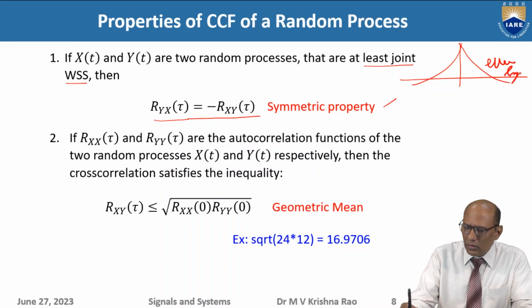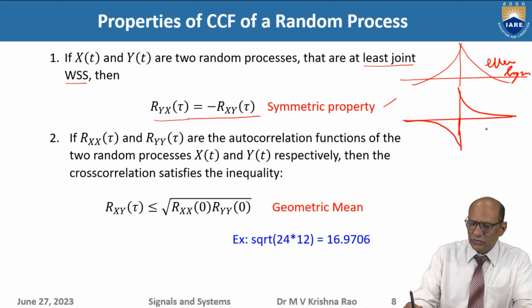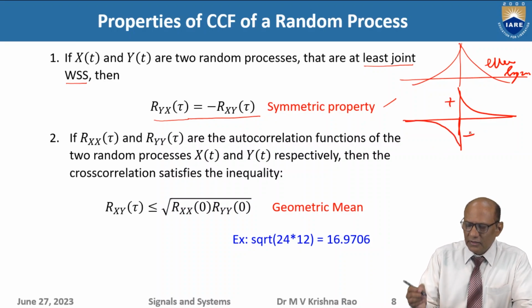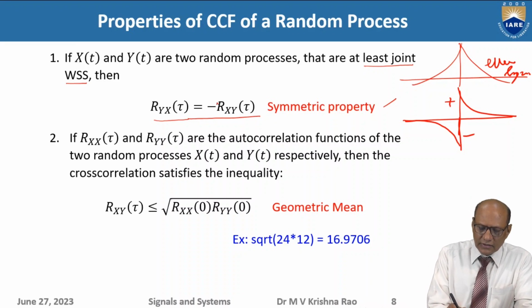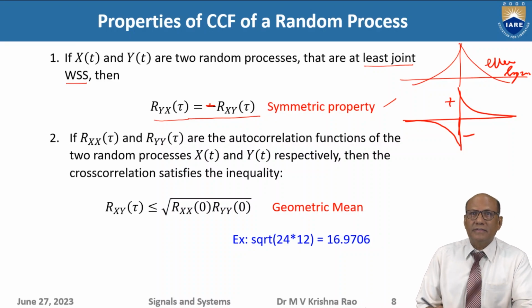Odd symmetry means if I have this one on this side, I will have the mirrored one on the other side. So this is the plus side, same thing on the negative side. That's why you got the minus here. So I should say odd symmetry.